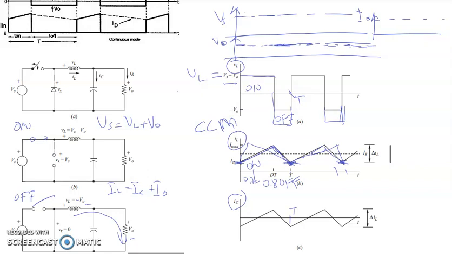And the difference between the minimum and maximum peak, I min and I max of your inductor current, is referred to as delta IL.